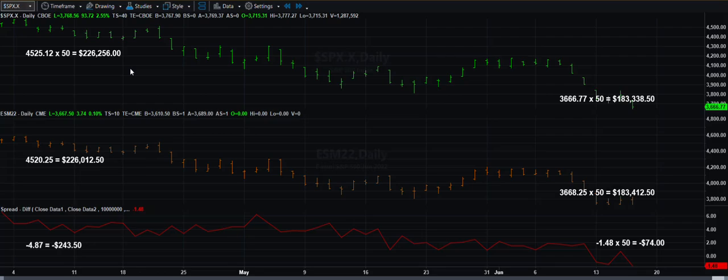You don't know who, but there is a commitment by someone on the other end of the transaction to pay you $226,256 for your portfolio, even though it drops down to a value of $183,338.50. And just for the sake of the example, let's say that happens.